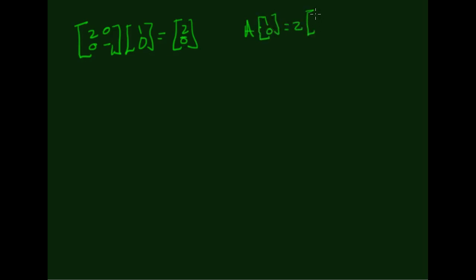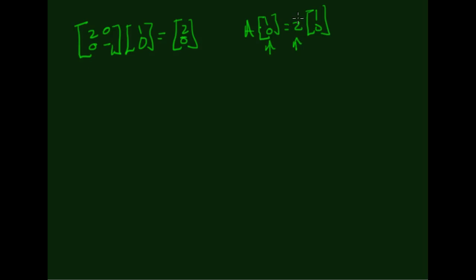We showed earlier that if I take [2, 0; 0, -1] times (1, 0), I get (2, 0). So this told me that A times this vector (1, 0) was 2 times the vector (1, 0), which means this vector is an eigenvector. The 2 is an eigenvalue.